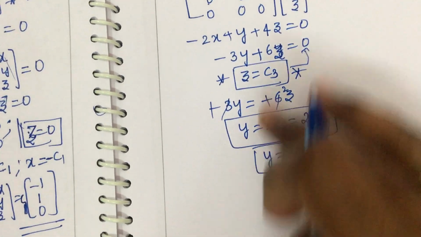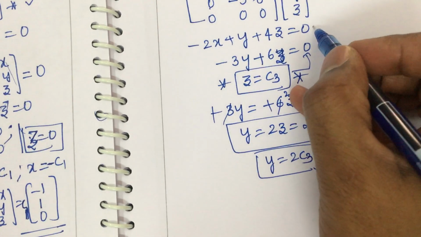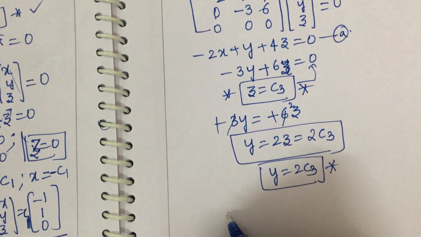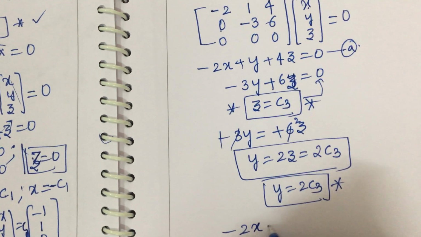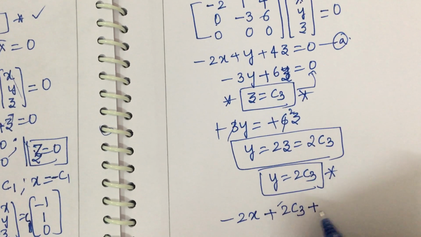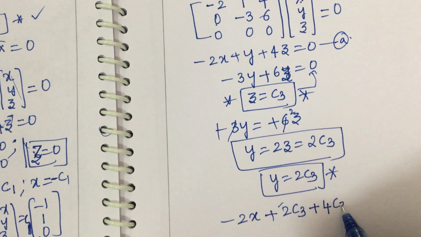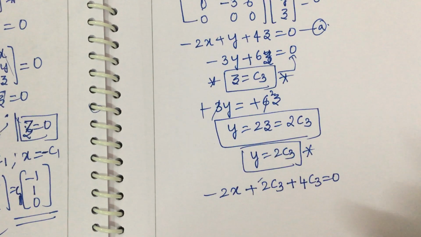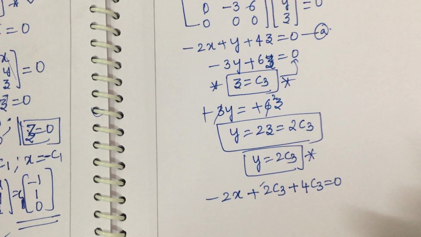Now when we substitute this in equation 1, with the x, y, z values, that will be minus 2x plus y, which is 2c3, plus 4c3 equals 0. I hope you are getting what I am speaking here.